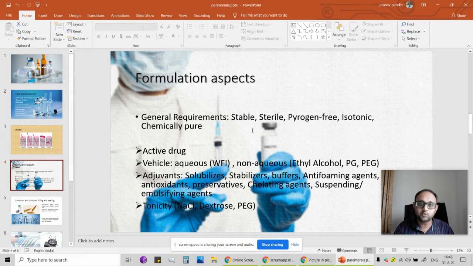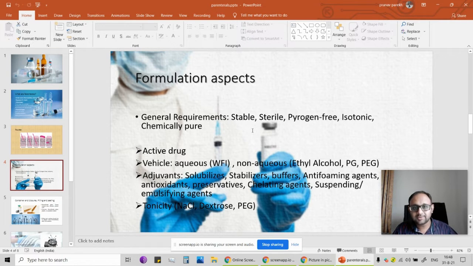So our ultimate aim is to release the active drug into the body. The active drug might be anything, any steroid, any alkaloid, atropine, any nutrient. Any drug that we want to insert into the blood circulation.